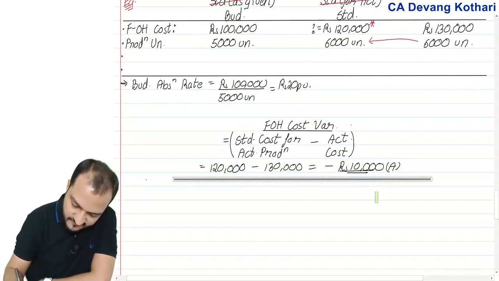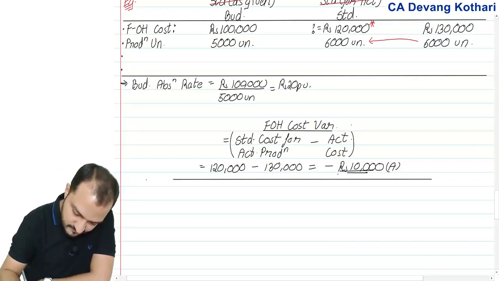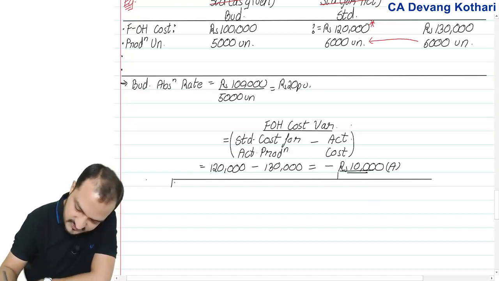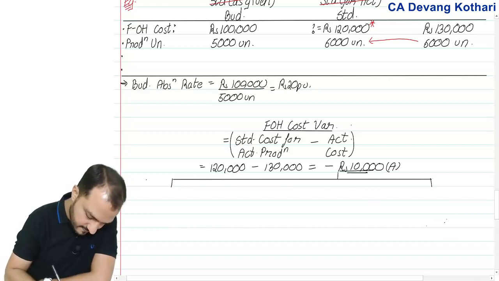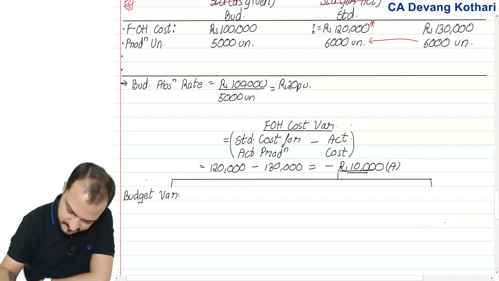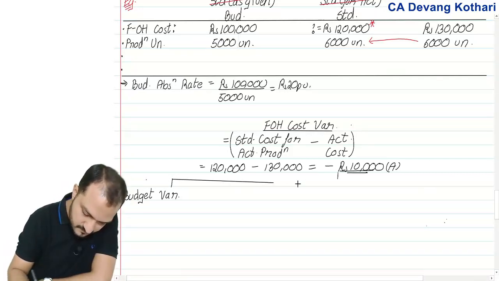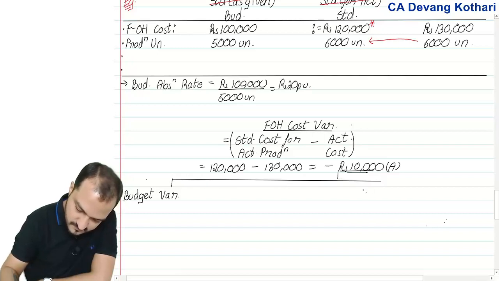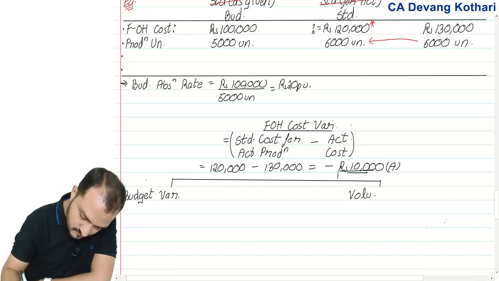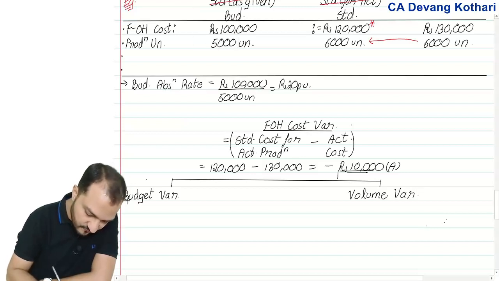My fixed overhead cost variance can be further divided into two main components called fixed overhead budget variance and fixed overhead volume variance. I'll directly give you the formula for them first.